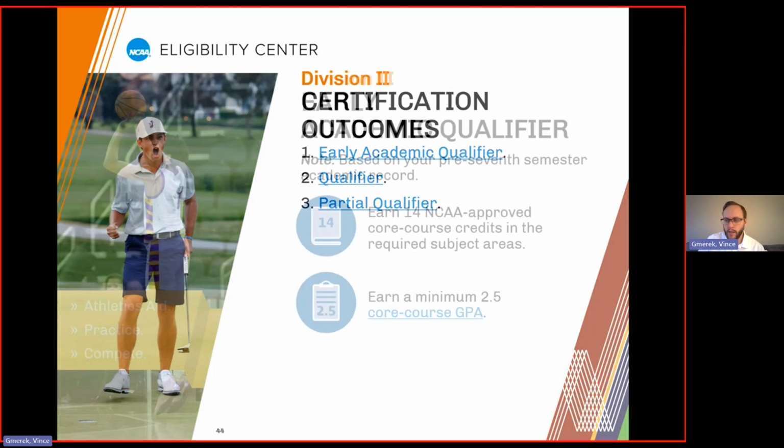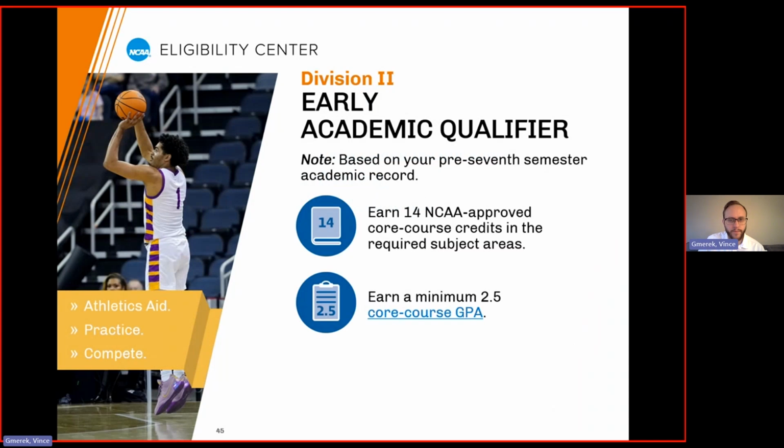So now let's talk a little bit about those specifics. Division II early academic qualifiers would make you eligible for athletics aid, practice, and competition in your first year at your Division II school. Same as Division I, it's based on your first 3 years of school from year 9 and up.